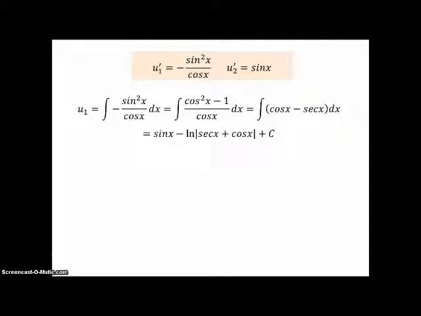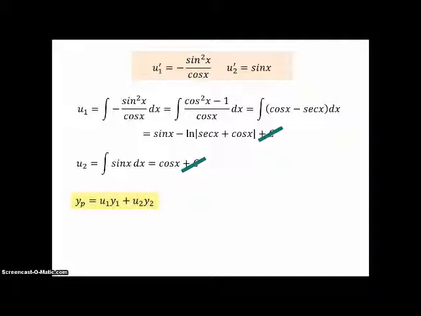I have it memorized, is a log of the absolute value of secant x plus cosine x. Now, we don't bother with the plus c because we're just looking for a nice solution here, so just leave that out. u2 is the integral of sine x, which is even easier, and again, we don't bother with the plus c. The proof of leaving that out is something we're not going to look at. Just trust me. All right, moving on.